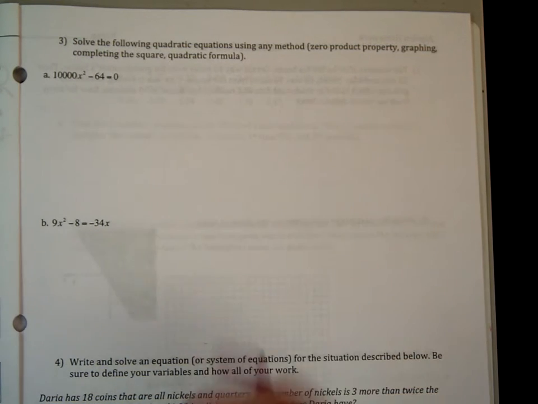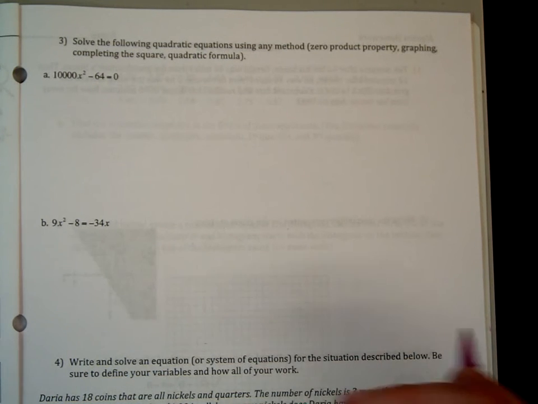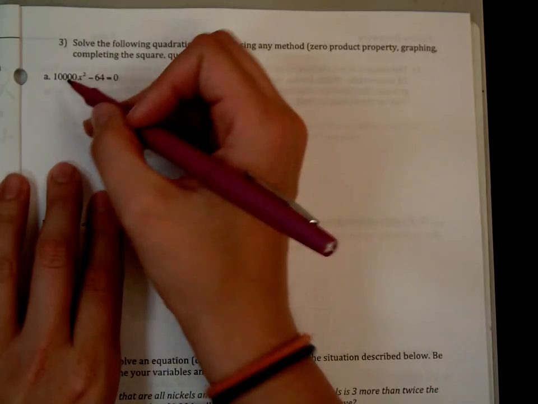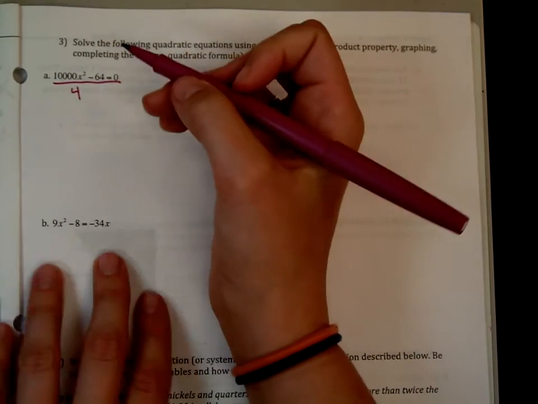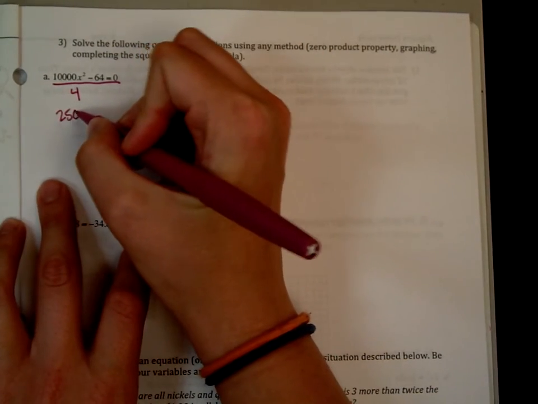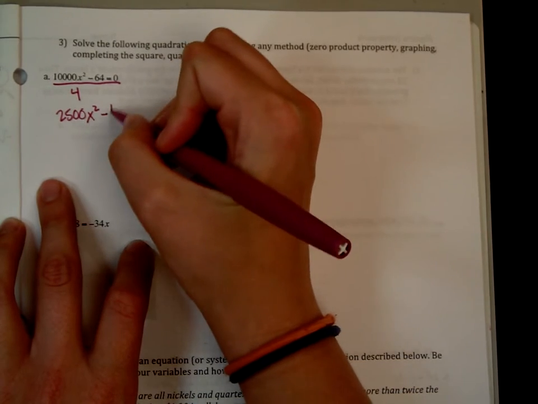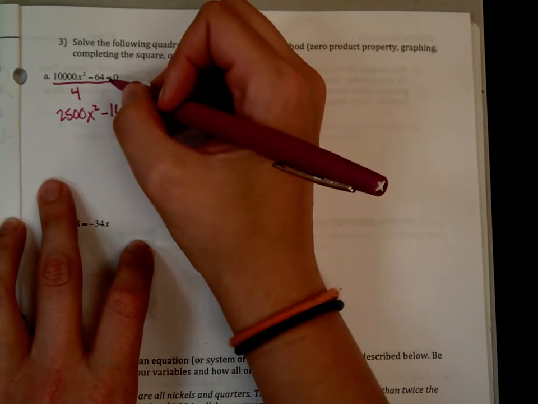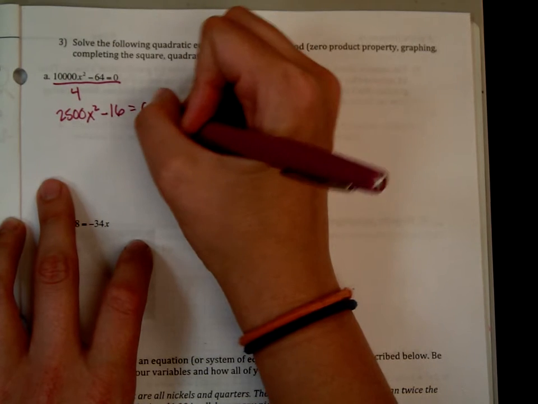So if I divide 10,000 by 4, so if I divide everything by 4, then I get 2,500 x squared minus 16, because 64 divided by 4 is 16, equals 0.